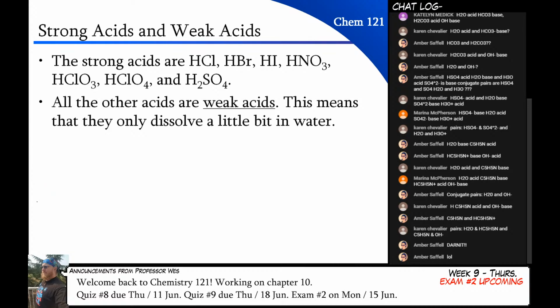There are only 7 strong acids, and they are these: HCl, HBr, HI, nitric acid, chloric acid, perchloric acid, and sulfuric acid.